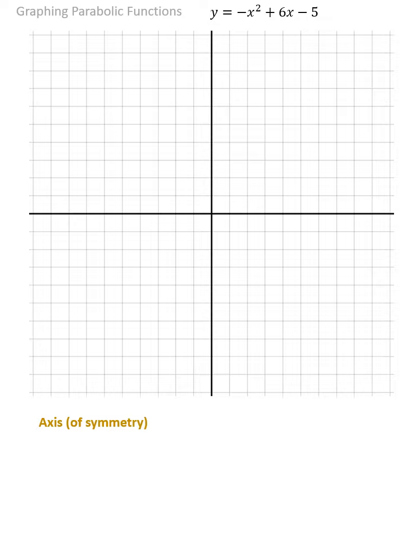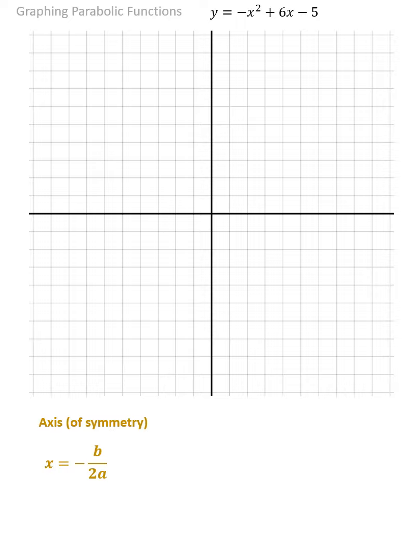Luckily, when your parabola is in this abc format, as we have here, there's a formula that we can use to find the first half of the vertex, which is the axis of symmetry. So in this particular problem, look at the very top of the screen. b is 6, a is -1, and c is -5.